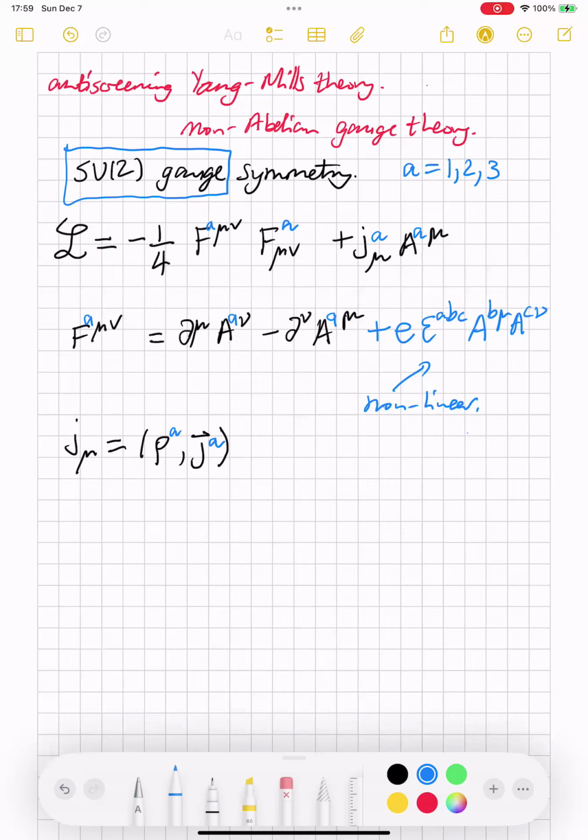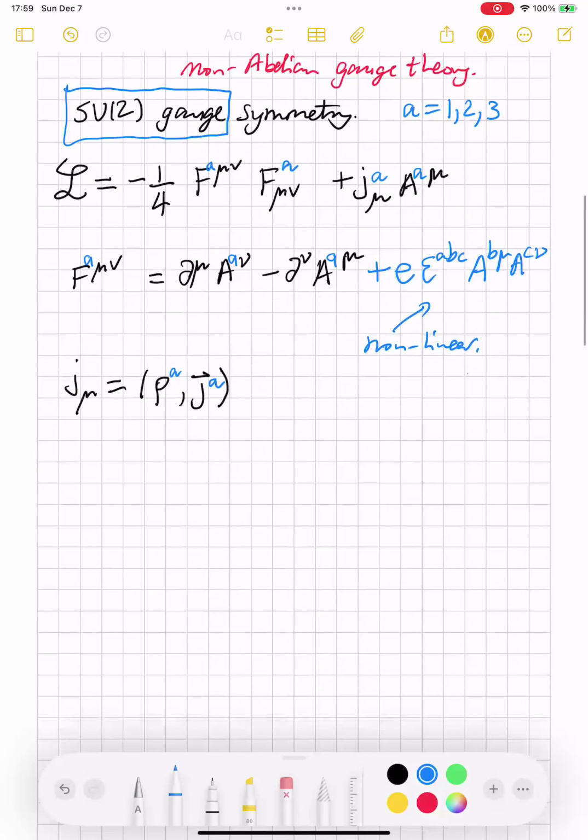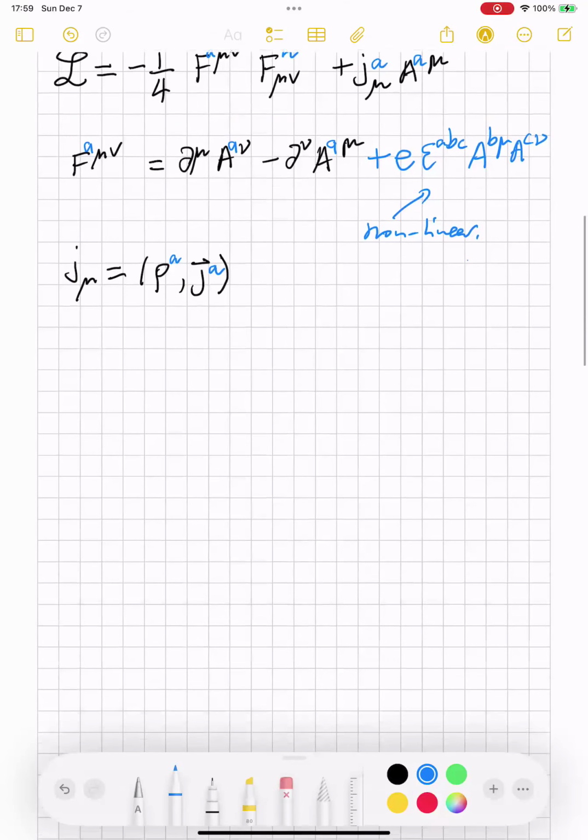If you've got the Lagrangian, you can go ahead and work out the equations of motion. So the equations of motion, as usual, would be the Euler-Lagrange equations. They would say dL/dA mu is equal to d nu of dL/d(d nu A mu).